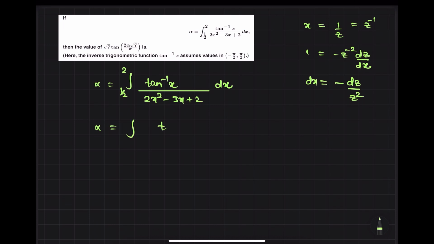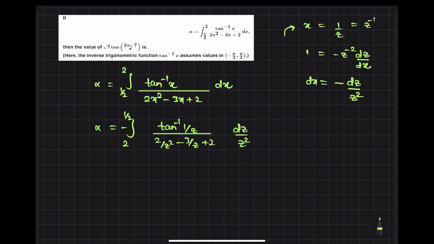So we will have tan inverse 1 by z upon 2 by z square minus 3 by z plus 2, and dx will be replaced by minus dz by z square. You also know that if we take anything as z, the limit also gets changed in definite integration, correct? So suppose that x is 1 by 2. In that case, z will become 2, and if x becomes 2, z becomes 1 by 2.